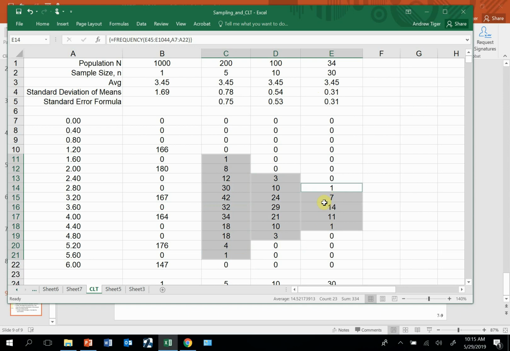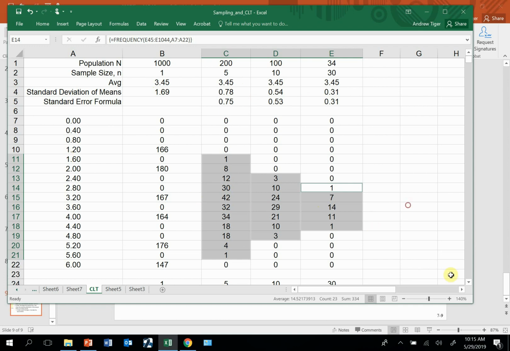The range gets tighter, it gets smaller as the sample size gets bigger. What that means is that the standard deviation gets smaller. 0.78, 0.54, 0.31, it gets smaller. The average doesn't change, it's always the same, but the standard deviation gets smaller.